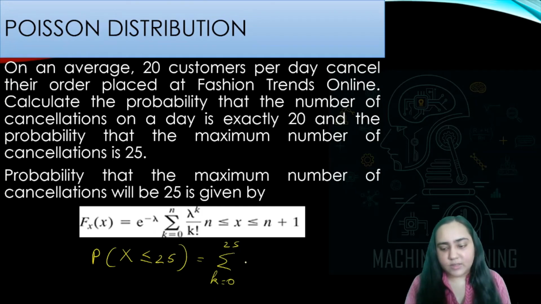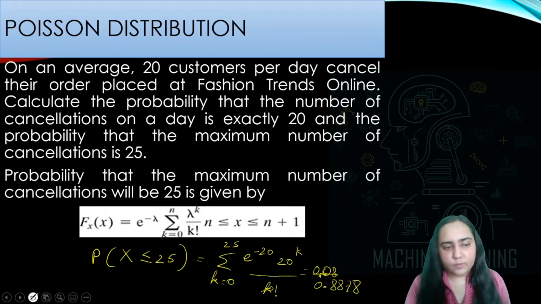The value of lambda, as we know, is 20, so we have e raised to minus 20, times 20 raised to k, divided by k factorial. If you calculate this, you are going to get 0.8878. Sorry, I had written an incorrect answer, so let me remove it. It's 0.8878. That would be your answer.